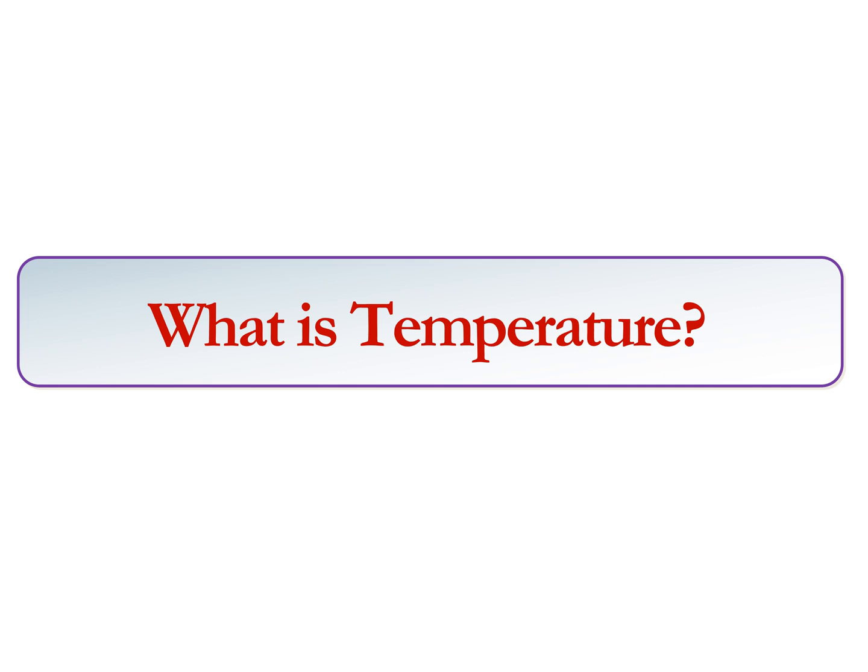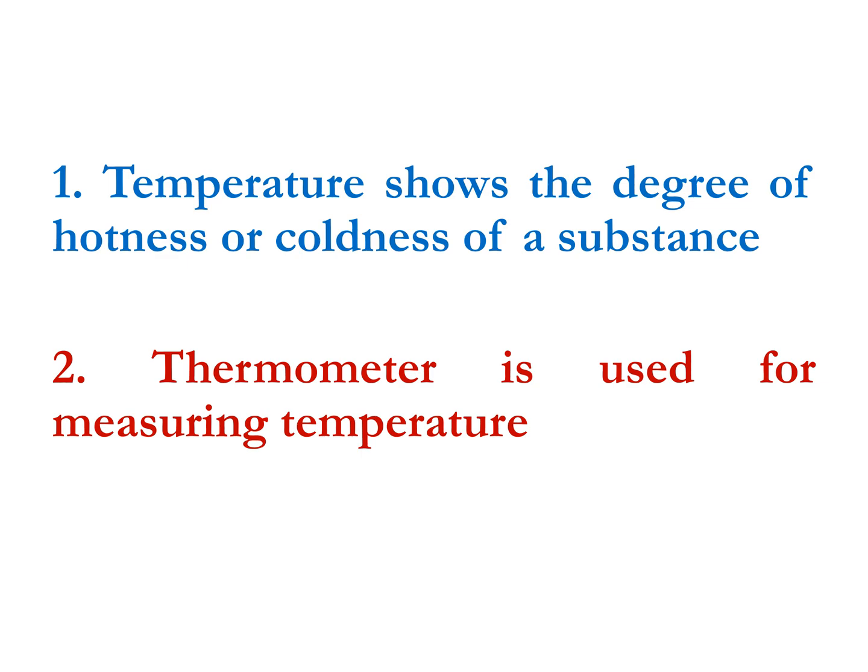So what is temperature? Temperature shows us the degree of hotness or coldness of a substance. So temperature enables us to know whether a given substance is cold or whether it is hot or whether it is warm.